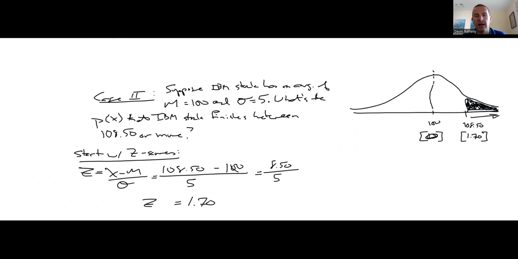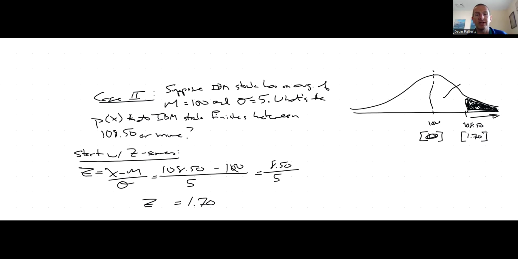Well, I want to know what this area is. I just found out that I can figure out the probability between 100 and 108.50. In other words, I can find the area associated with 1.7.